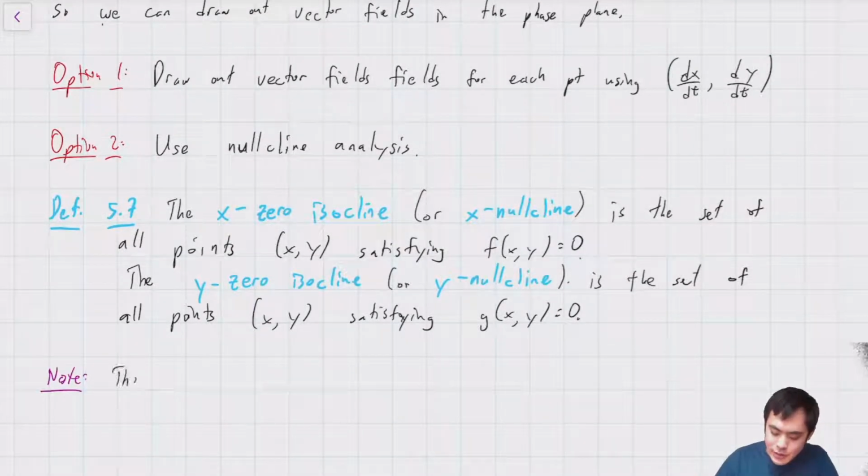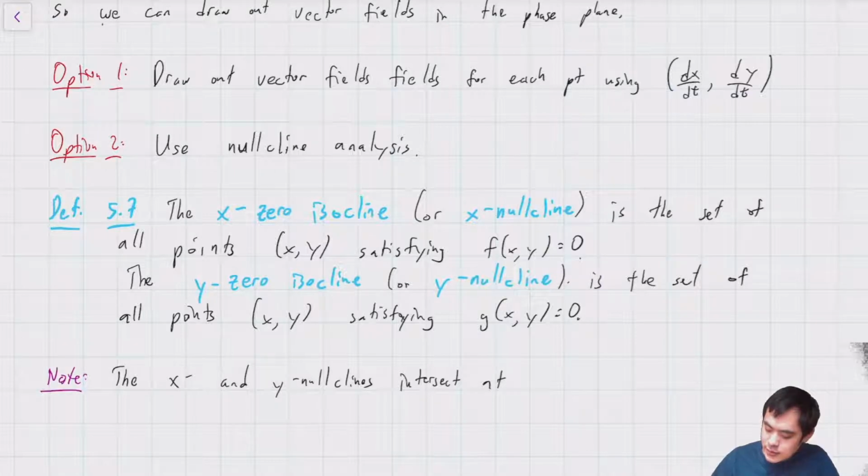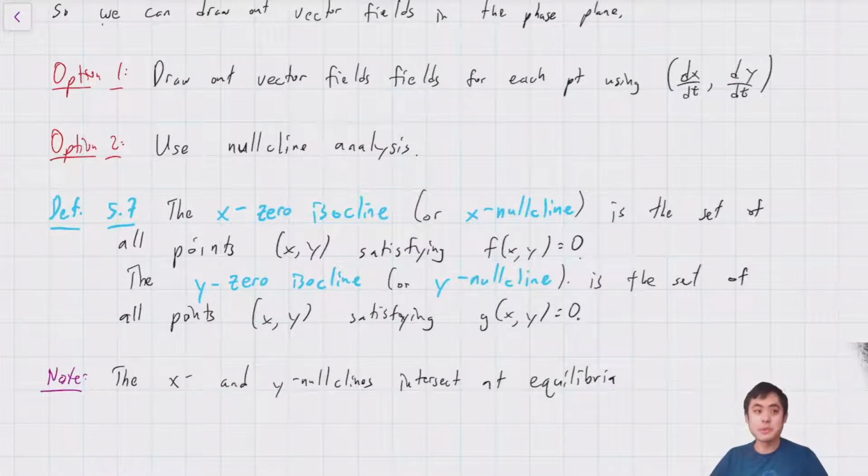And it turns out that analysis has some very nice properties. So the x and y nullclines intersect at the equilibriums, because that's obviously where both of them are equal to 0.